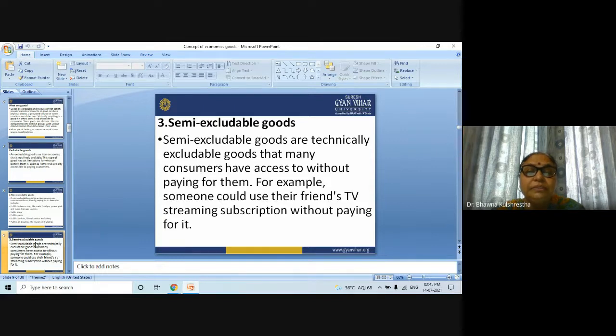For example, someone could use their friend's TV streaming subscription without paying for it.